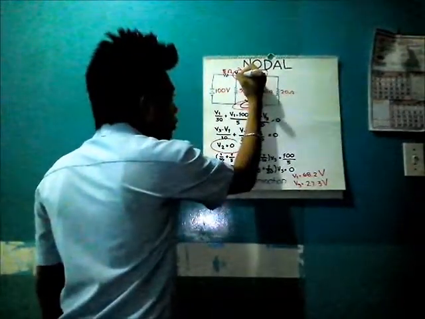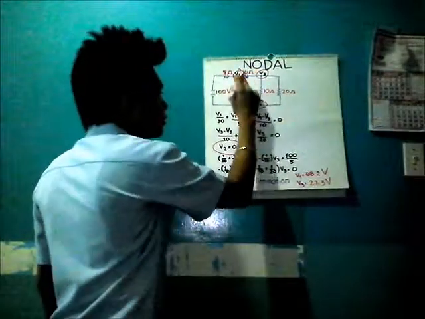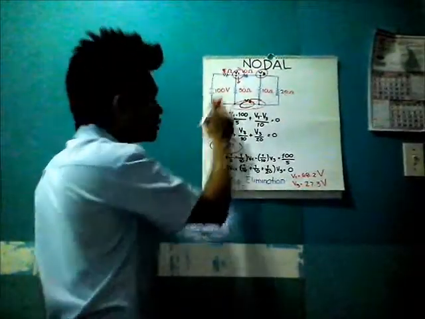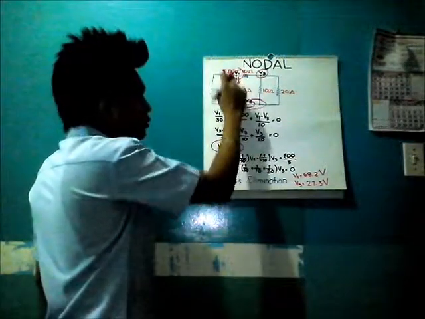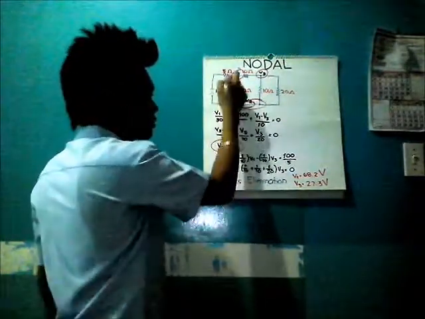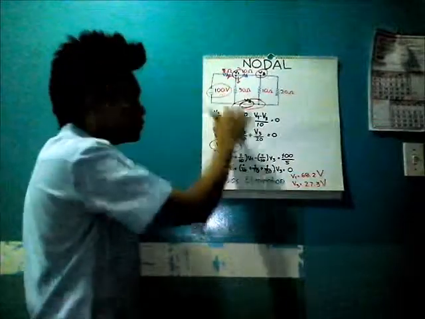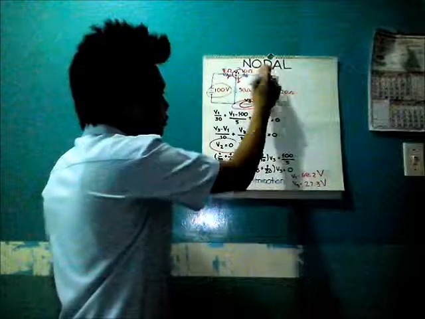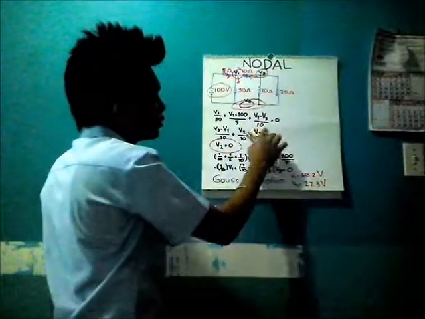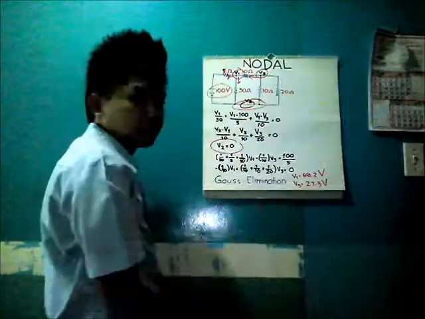V1, our first node, will go here, which is V1 over 30, plus V1 over 5 minus the voltage 100, plus V1 minus V3 over 10.